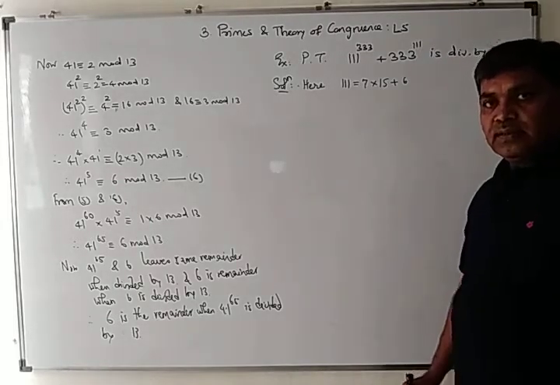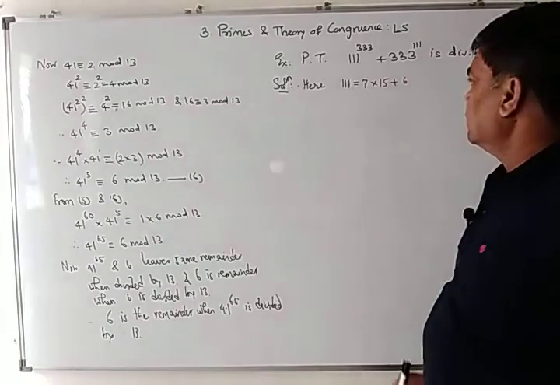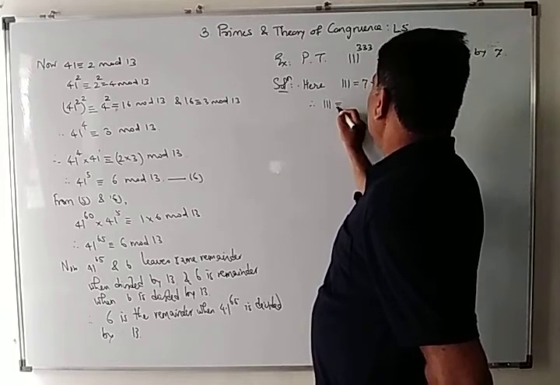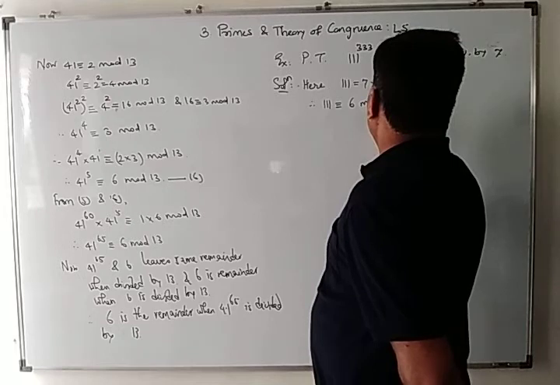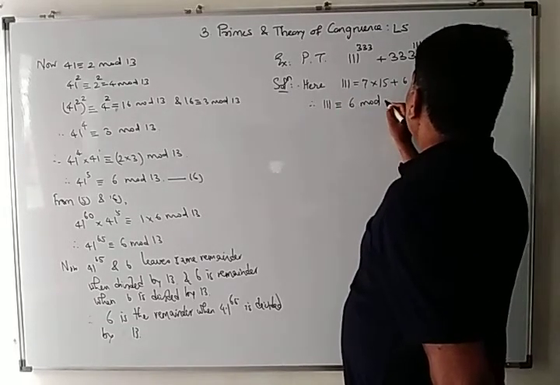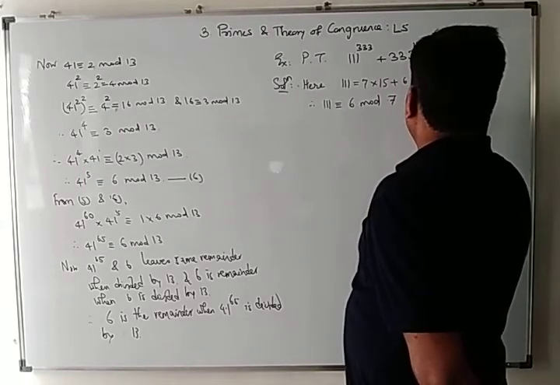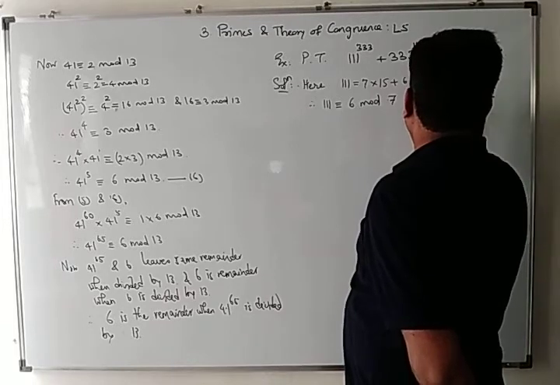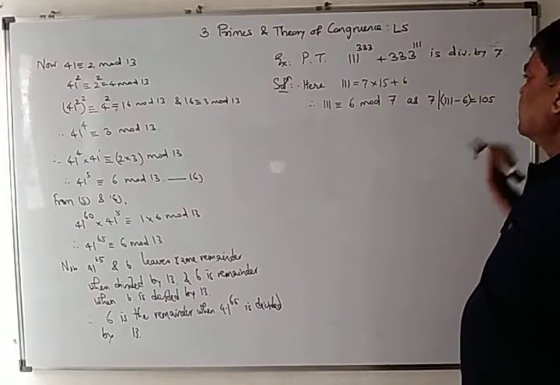Is it right? So 6 is the remainder. So therefore 111 is congruent to 6 mod 7, as 7 divides 111 minus 6, which is equal to 105. Right. So this is 1.